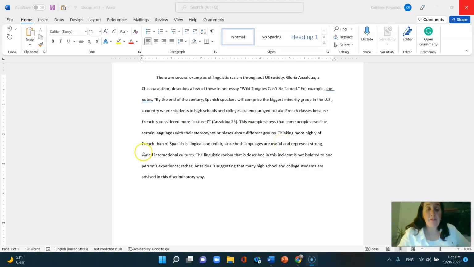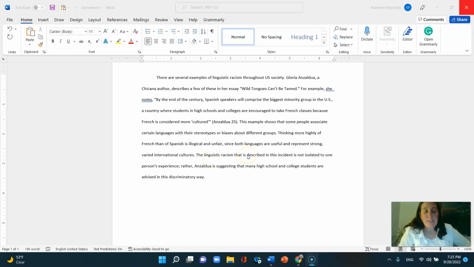Thinking more highly of French than of Spanish is illogical and unfair, since both languages are useful and represent strong, varied international cultures. So here I'm mentioning some ideas from the quote, like Spanish and French, kind of almost like comparing them in a way, but I'm now adding my own ideas, like both of them are useful, and it's unfair to recommend one over the other.